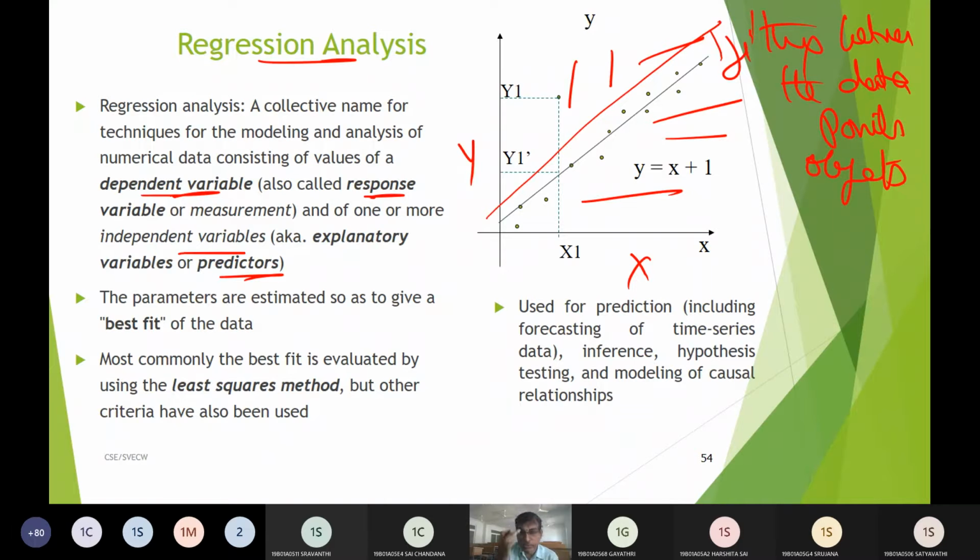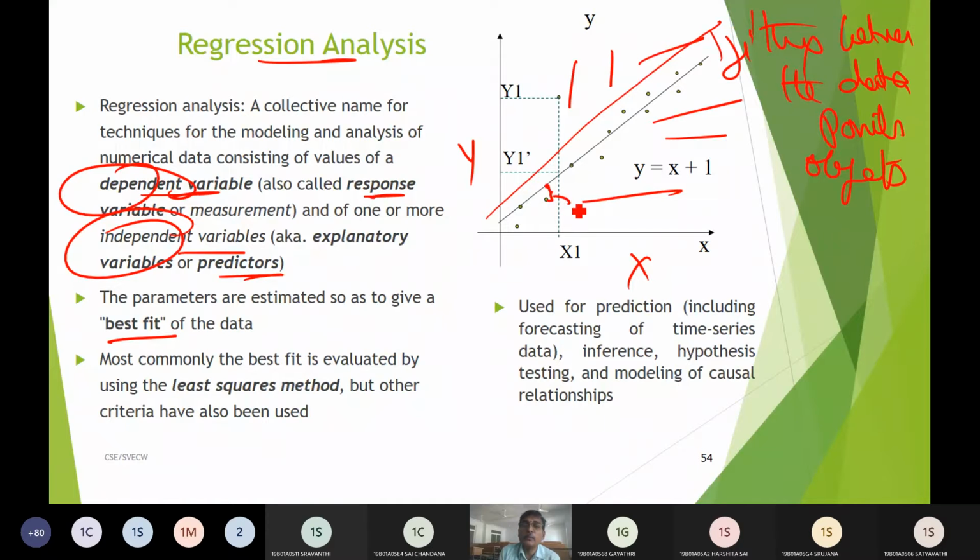So how are we going to derive it? We are going to say between one dependent variable, another we are going to call it independent variables. So we will draw a line in such a way that different independent variables are pooled up together and they are going to be derived to another end, that is what we call the dependent variable. So we draw a best fit line, and how are we going to draw a best fit line?